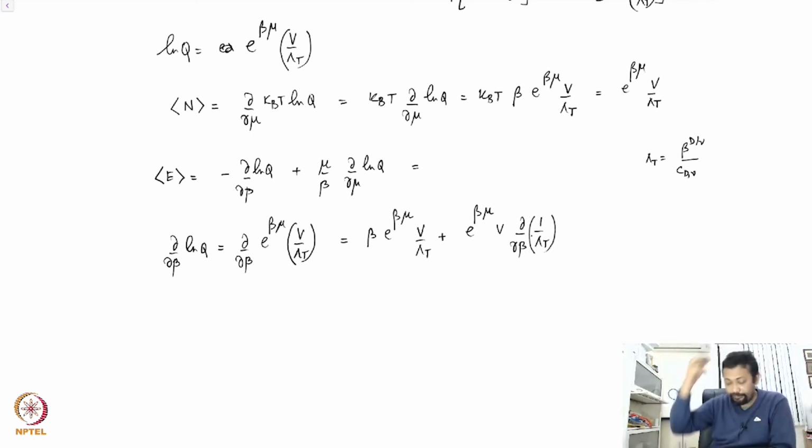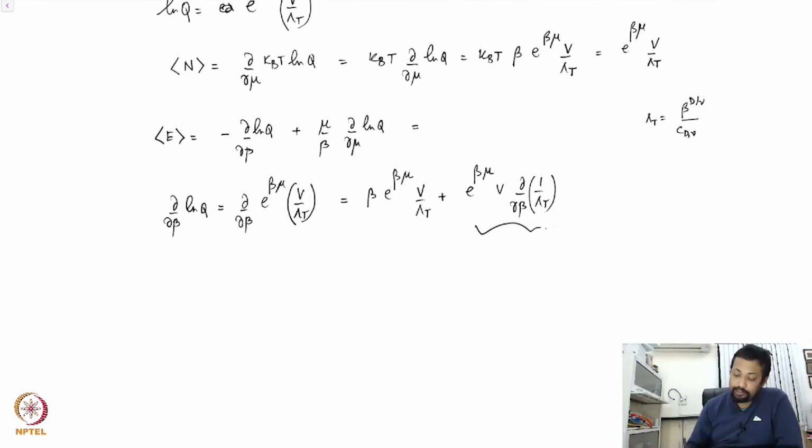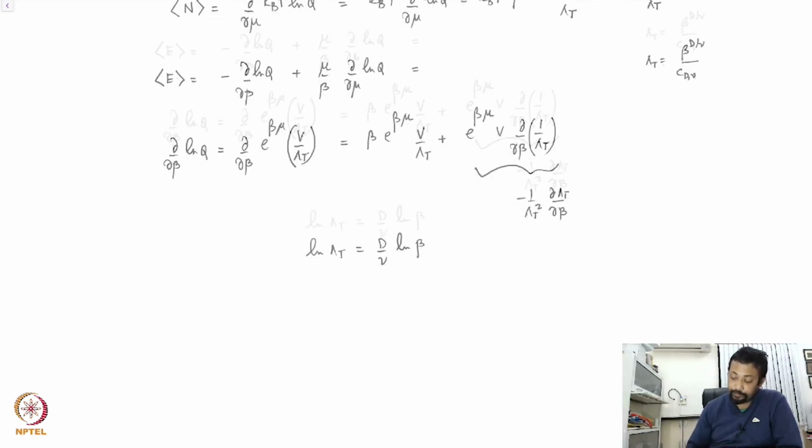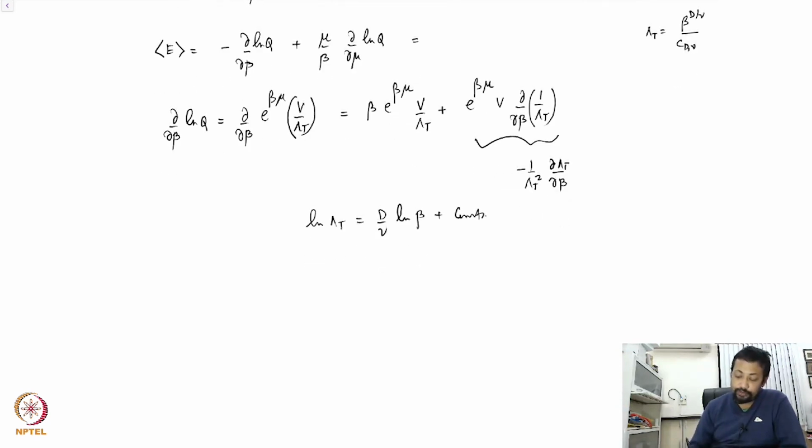Now del beta of 1 over lambda t is the one which we have to carefully do. This derivative is minus 1 over lambda t square del lambda t del beta. Log lambda t is going to be d over nu ln beta plus a constant which we are not worried about. So therefore del beta 1 over lambda t is going to be, del lambda t is going to be d over nu beta.